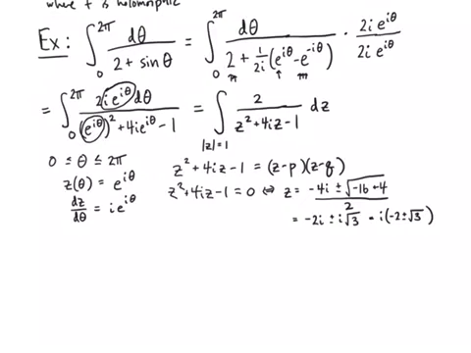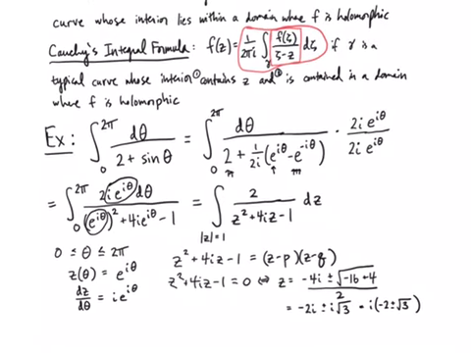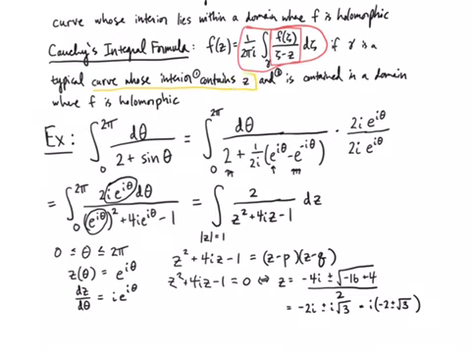Okay, so here's where we have to take a look at our curve, or rather, where these points are, because that's going to be relevant. Remember in Cauchy's integral formula, the important clause is the curve whose interior contains z.